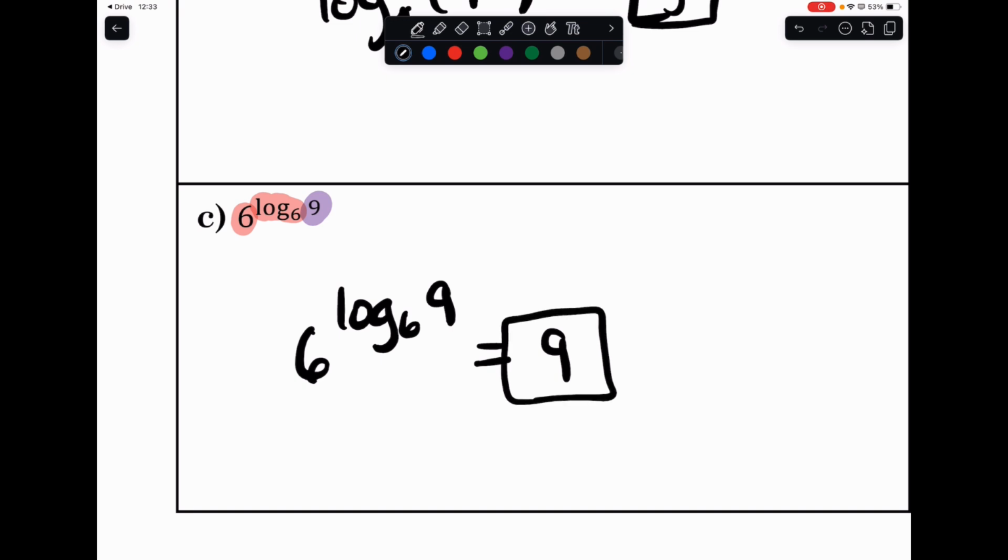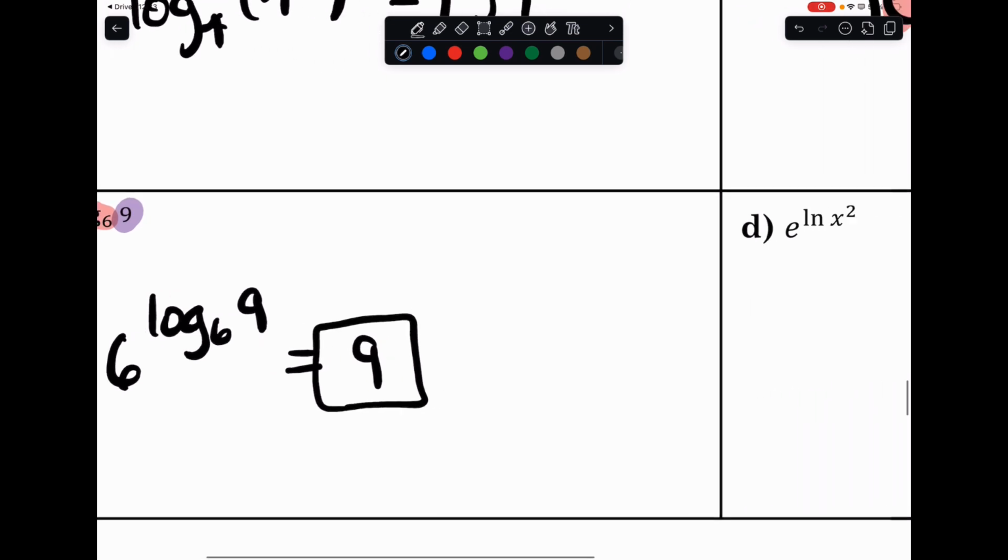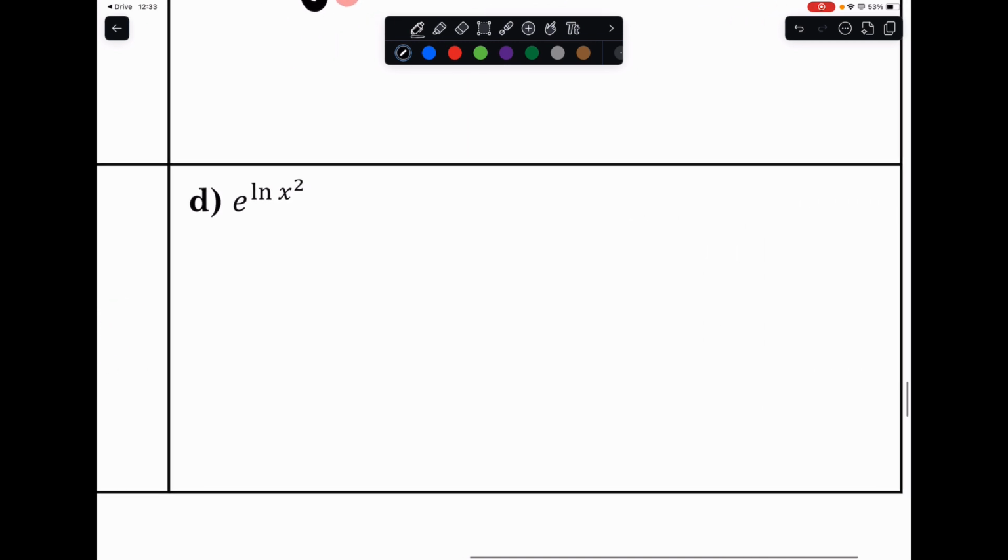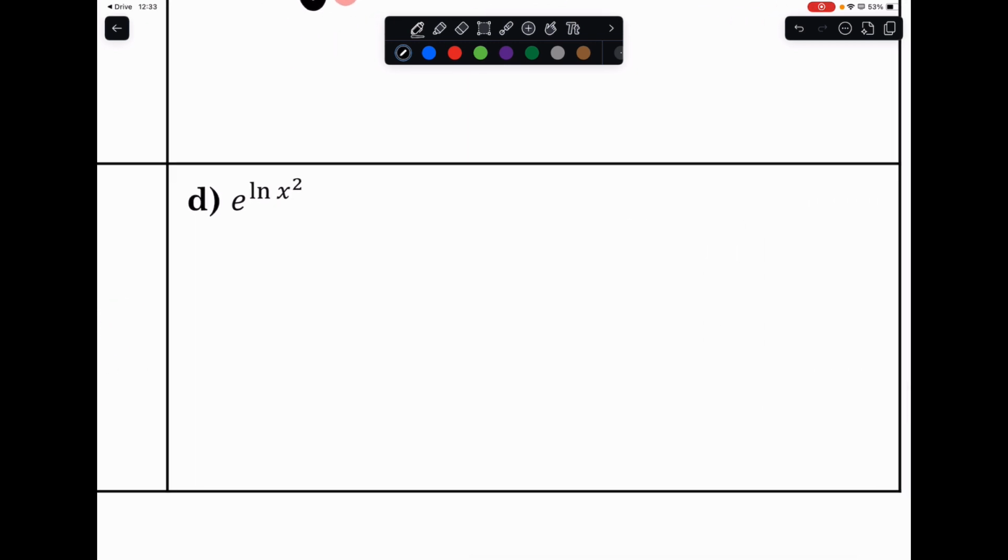And it's true again whether it's a log with base 6, the common log, or a natural log. You just have to make sure that you read this carefully. Understand that the natural log is just a log where the base is e. But of course, like I've been mentioning in this video, we use this notation instead of that notation. You just simply have to correlate that, and x to the 2nd power.